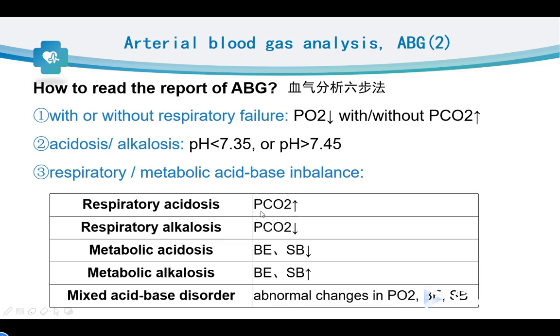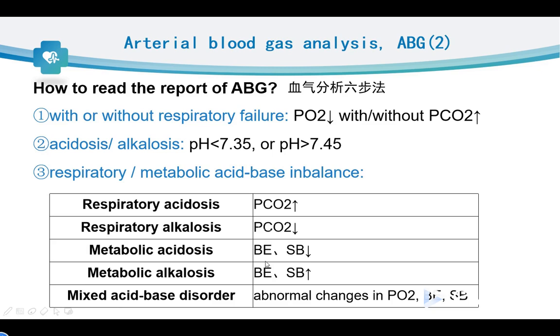If there is a single increased partial pressure of the carbon dioxide, we can conclude a respiratory acidosis. And if there is a single decrease of the partial pressure of the carbon dioxide, we can conclude a respiratory alkalosis.